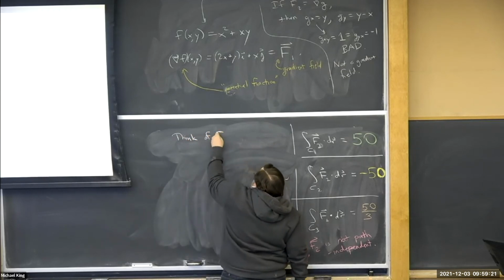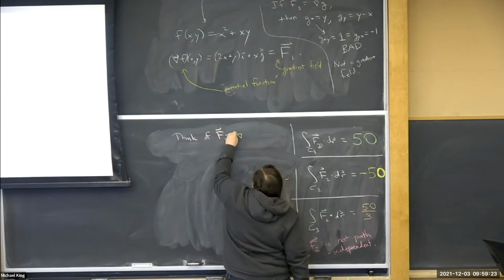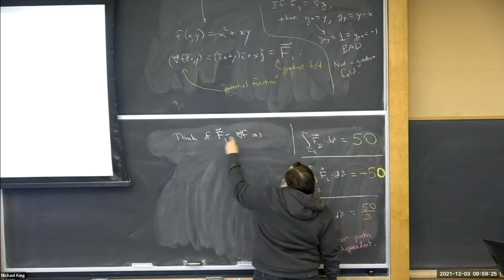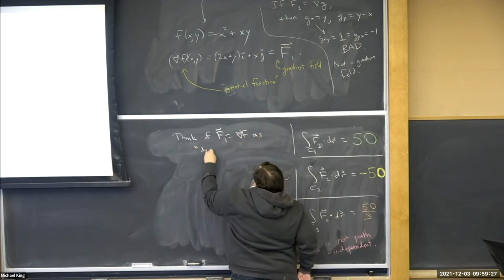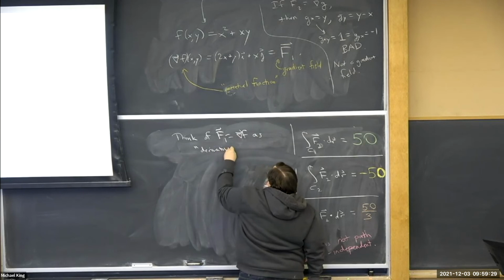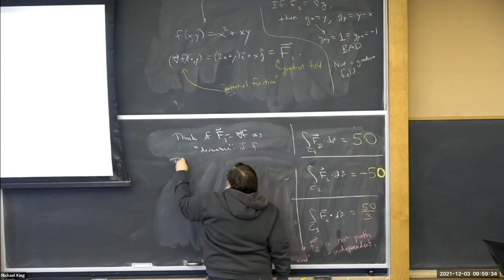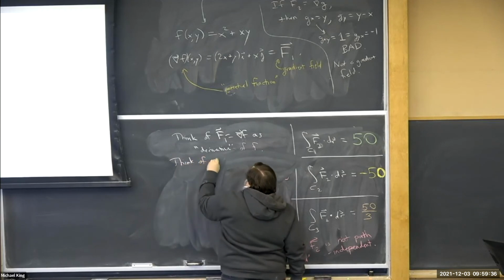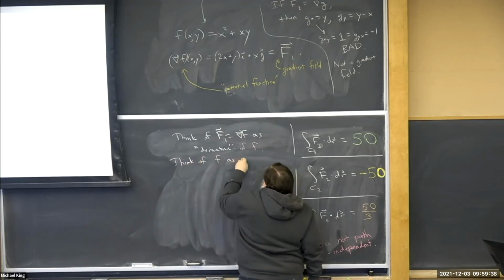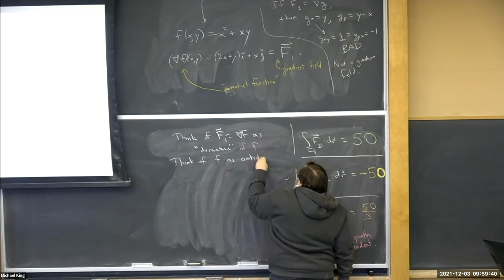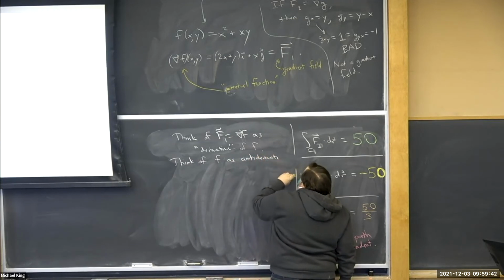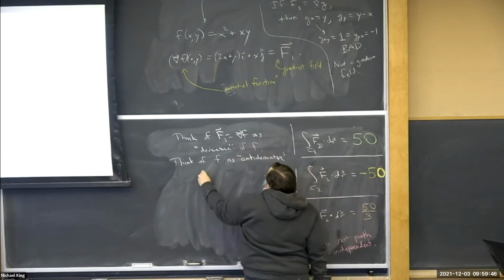Think of this as the derivative of little f. Think of little f as an antiderivative of big F1.